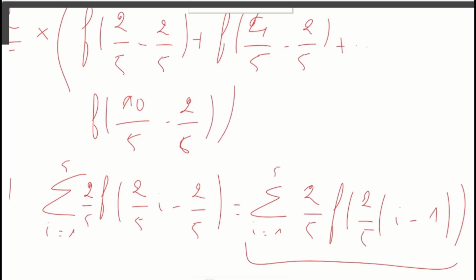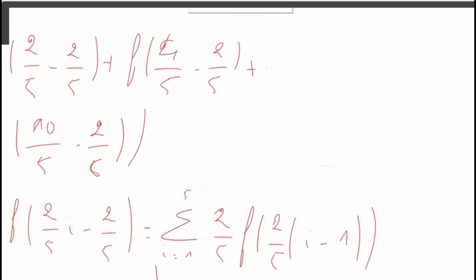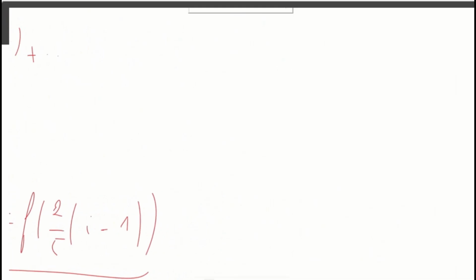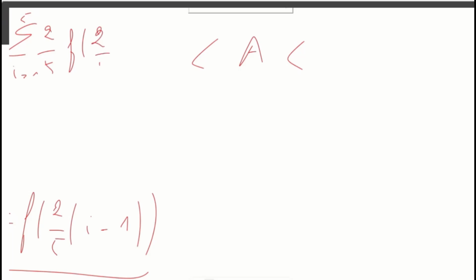So once we find these two areas, we just go and try to estimate the area that we want, since A will be between the sum from i equal to 1 up to 5 of 2 over 5 f of 2 over 5 i, and the sum from i equal to 1 up to 5 of 2 over 5 f of 2 over 5 times (i minus 1).